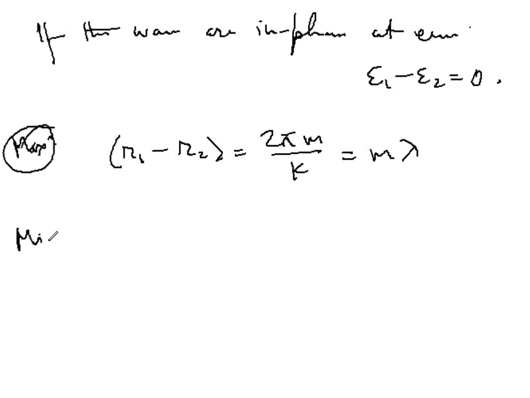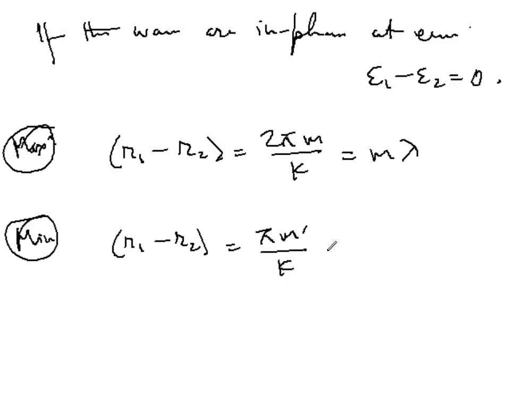And what about the minimum condition? I can write it again, R1 minus R2 is equal to pi m prime divided by k, right? And this is basically equal to half of m prime into lambda, right? Now you see what will happen as a result of this.